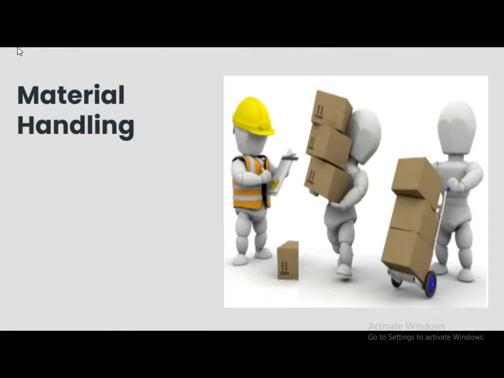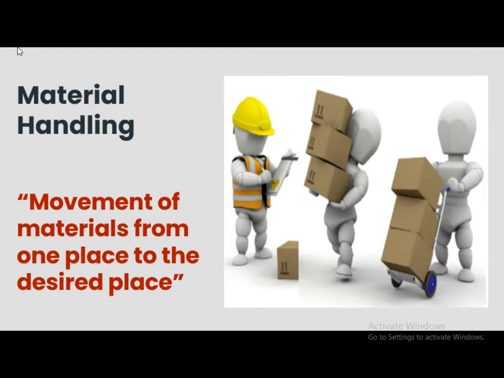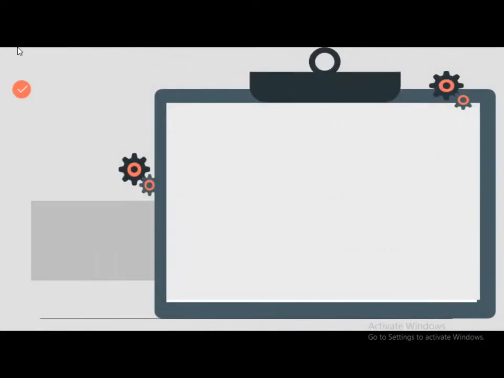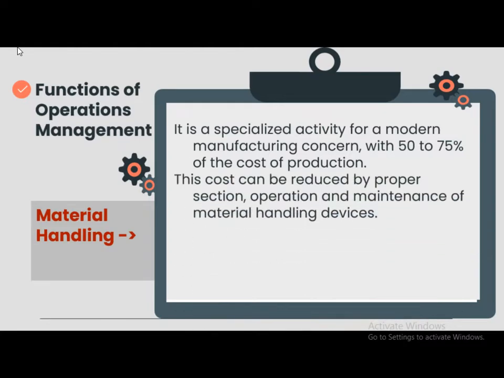Now next function is material handling. This is function number 2. Material handling is movement of materials from one place to the desired place in any organization. It is a specified and specialized activity of a modern manufacturing concern, with 50% to 70% of the cost of production.